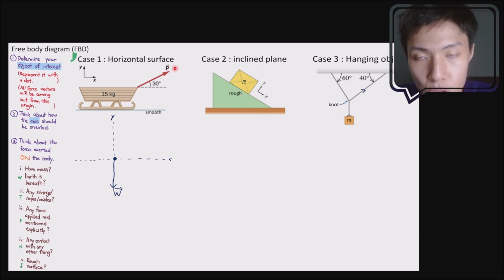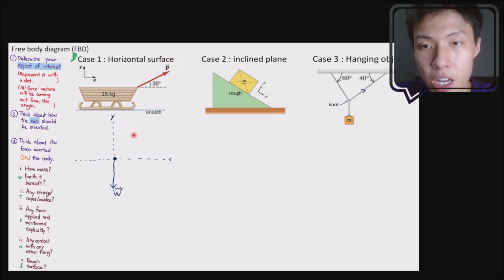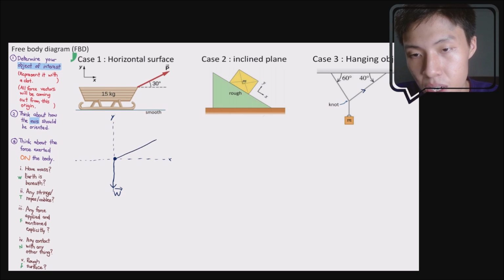Okay, since I have identified there's a force being mentioned explicitly, that will be our external force, so we should label it in our free body diagram. So it says it's 30 degrees. So we'll draw exactly the same thing coming out from the dot at 30 degrees above the x-axis. So we'll label this as 30 degrees. Then we will label this force as P.